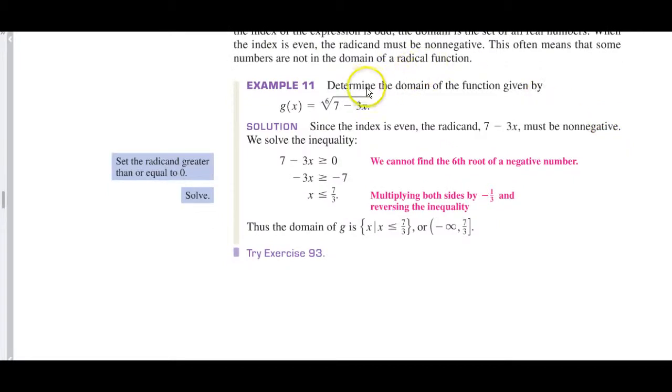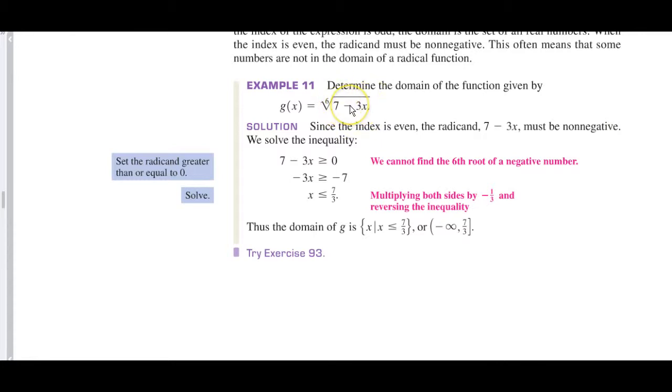Okay, determine the domain of the function given by this. Well, because this is an even root, can this value under the radical sign ever be negative?